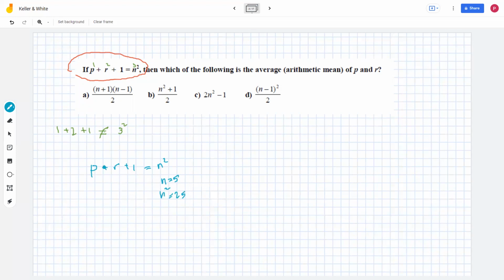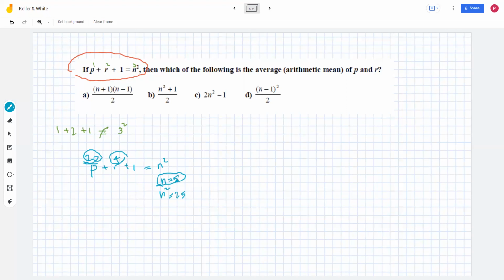Well, I already have 1. I need 24. How about 20 for p and 4 for r? So my numbers are going to be 20 for p, 4 for r, and 5 for n. And if you look, that really does work. 20 plus 4 plus 1 is 25, and 5 squared is 25. These are good numbers. They fit the problem.